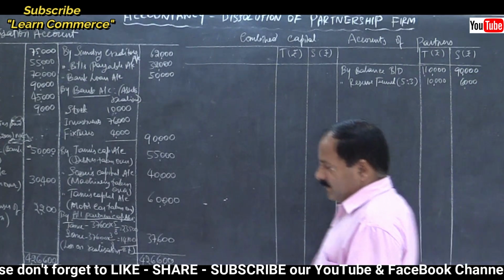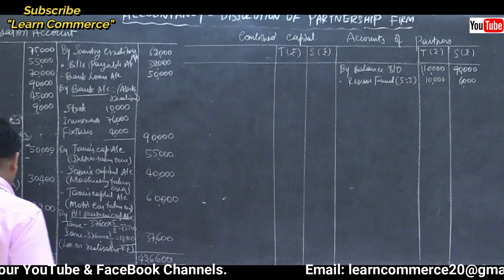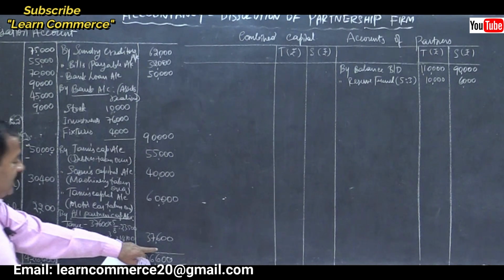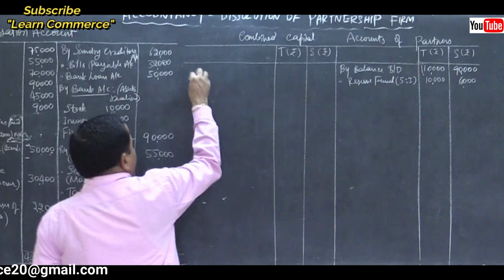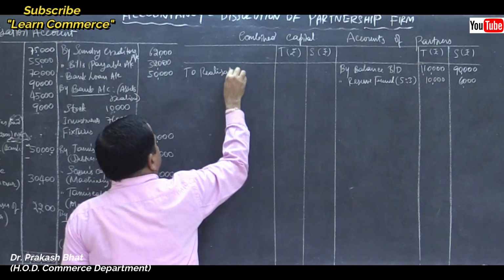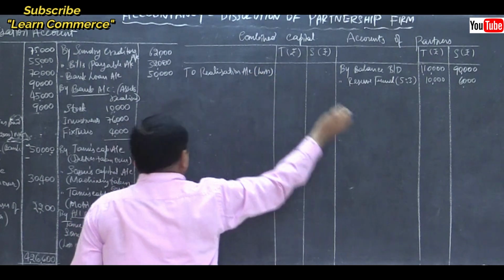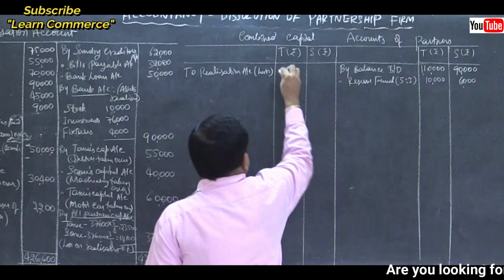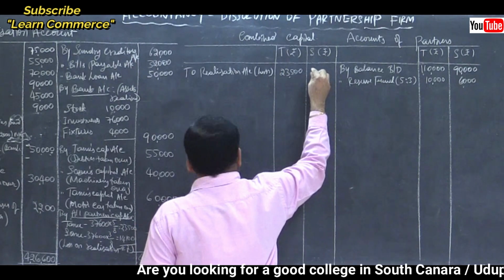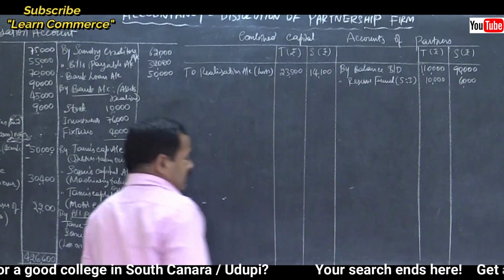Then there is a loss on realization, that is 37,600. Debit it to partners' capital accounts, realization account loss. How much? 23,500 and 14,100.